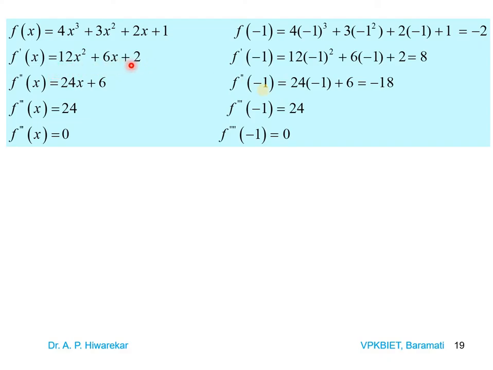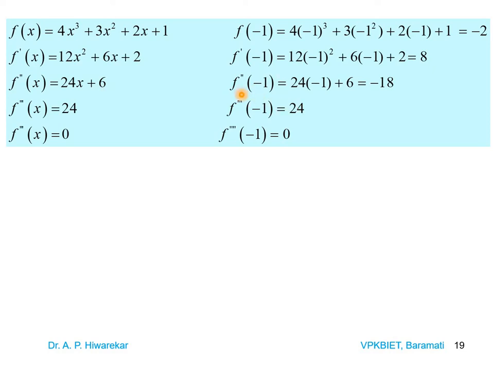Then evaluate derivative at minus 1. So f dash of minus 1 is 12 into minus 1 square plus 6 into minus 1 plus 2. So it is 12 minus 6 means 6, plus 2 is 8. Then derivative of 12x square is 24x plus derivative of 6x is 6 and derivative of 2 is 0.